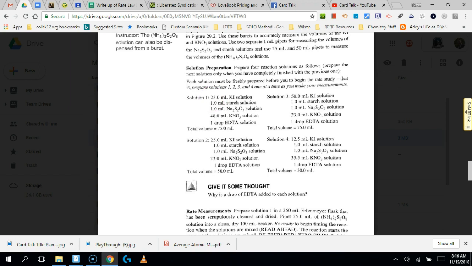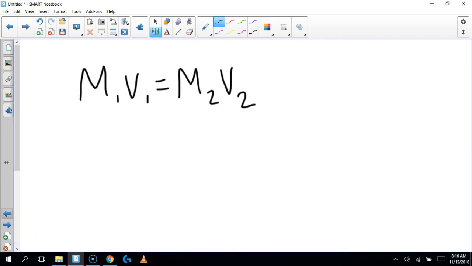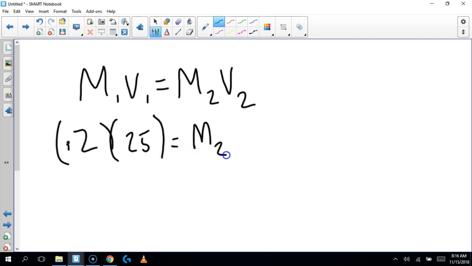Okay, well, 25 milliliters of KI, our initial concentration was 0.2, and then the volume that we used was 25 milliliters. Now we're solving for our actual concentration in the solution, and we diluted it to 100 milliliters. So this is molarity, this is milliliters, this is molarity, and this is milliliters.